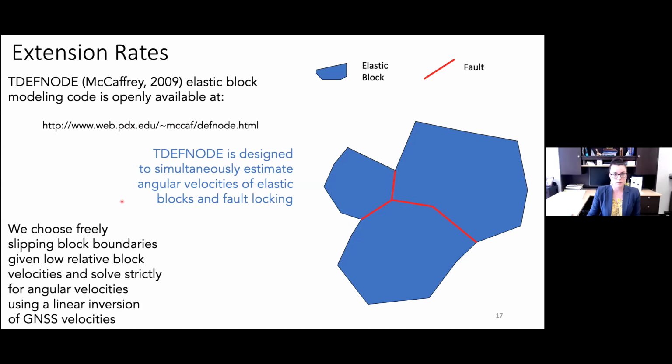And then in the approach I'm going to show you today, we use freely slipping block boundaries. And that's because the velocities in East Africa are quite slow. And we simply invert for the angular velocities based on the GNSS observations.